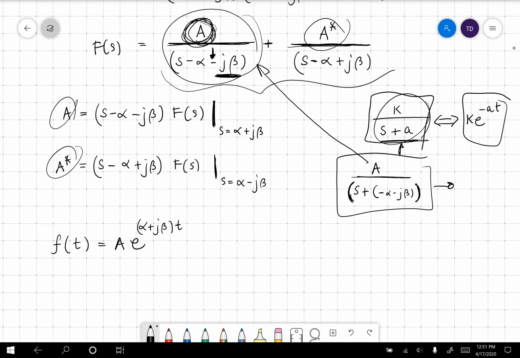Okay, I'm going to show you this same example with an alternate partial fraction expansion. And Jack and Connor, I'm not sure if you've seen this, but here's an alternate approach when you have complex conjugate roots.